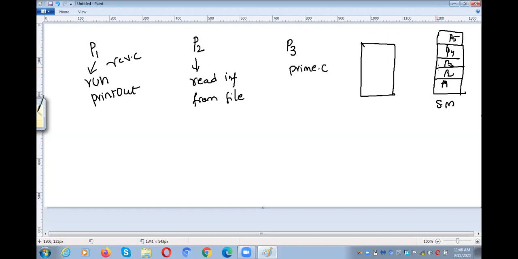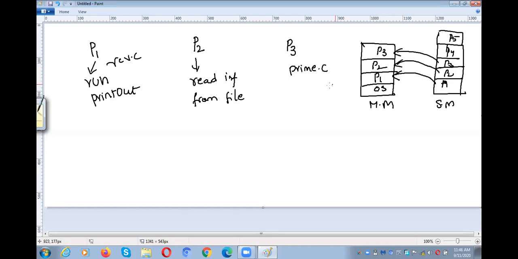All these 3 programs you want to run. So whenever you want to run all these programs, you need to keep the programs into the main memory. So from these 5, you need to move only 3 programs into the main memory. Why? Because now you want to run these 3 programs.